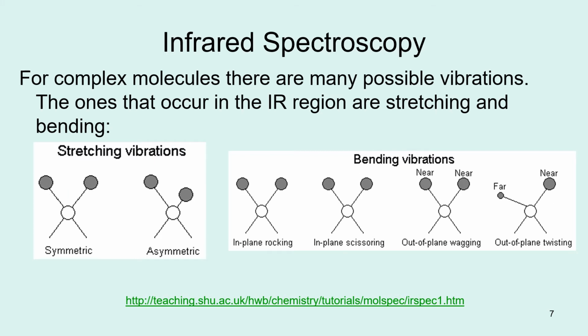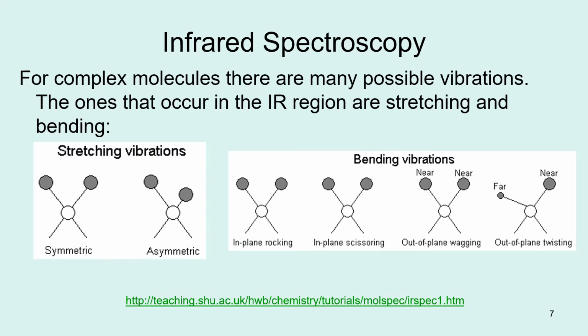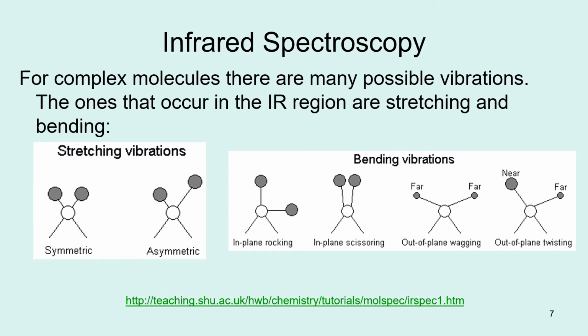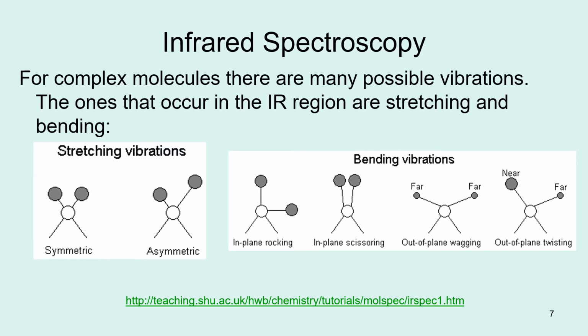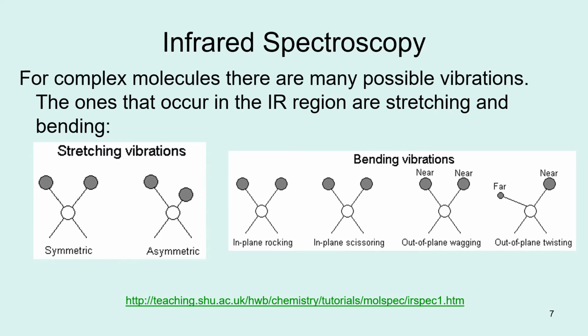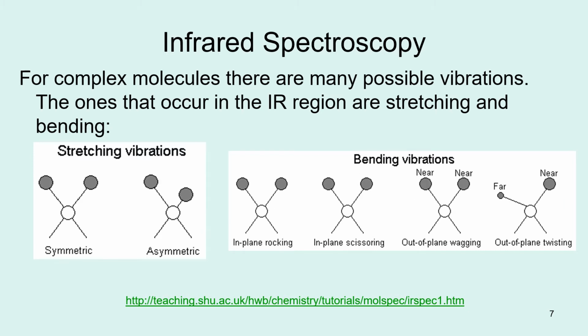Sometimes if we're live in class, I demonstrate these, but you can see sort of like cheerleaders here almost. And then we have our bending vibration, so either rocking or scissoring in the same plane, or wagging in and out of the plane. So basically, we're going to be looking for bending and stretching vibrations.